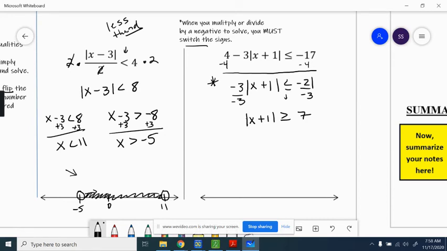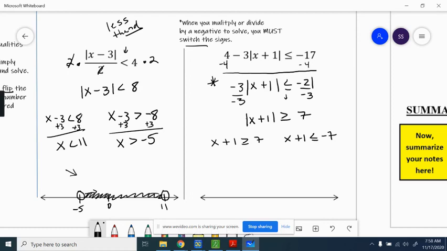All right, so now we're going to follow our steps. We're going to set up two different inequalities. For one, we simply remove the absolute value bars. So x plus 1 is greater than or equal to 7. And for the next one, we're going to flip the sign again, because that's what we do with all of these, and make the number that we're comparing the opposite.